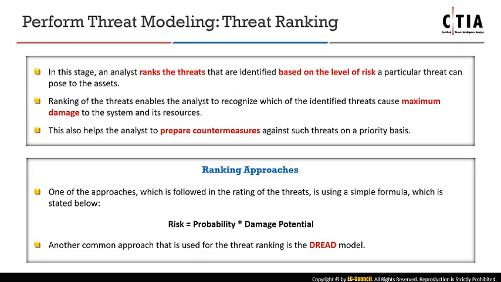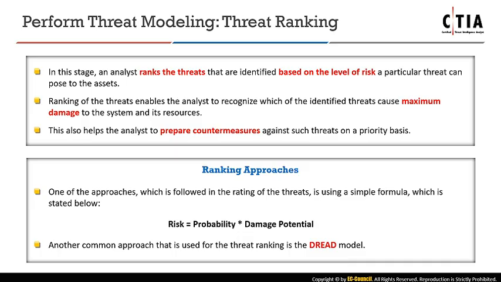Which brings us to threat ranking. And at this stage, the analyst is going to rank the threats that have been identified based on the level of risk that can be posed to our assets. So we want to rank the threats in our bullet point number 2 here according to which one causes the maximum damage to system and resources, right?